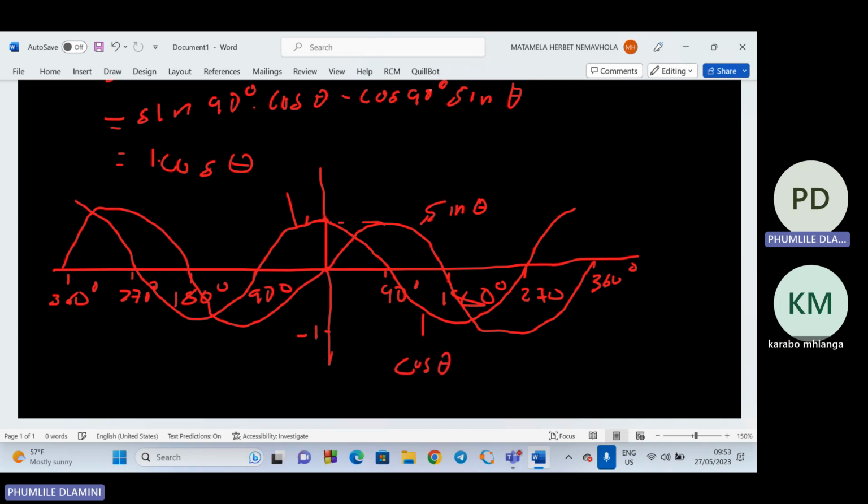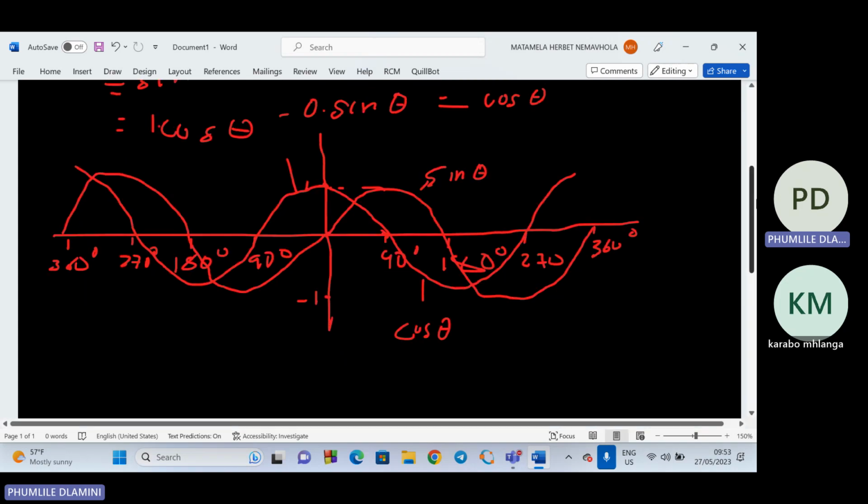So you will see that cos 90 is 0. Then it's going to be minus 0 times sine of theta. So when you check it, the final answer is going to be cos of theta. I just proved it to you using the special identities that we just did.